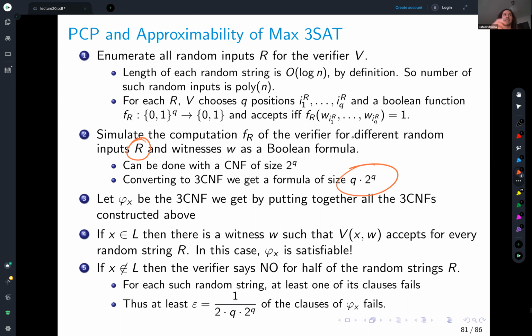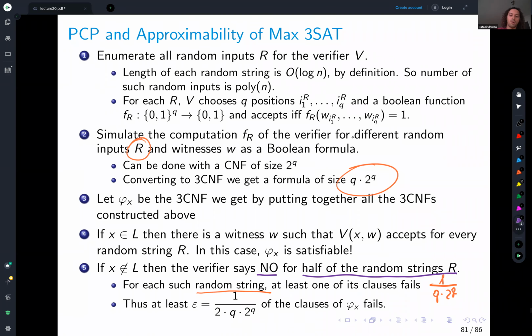Right? And why is that? Because for each random string, at least one of its clauses fails. So for each random string, what is the fraction of the clauses that failed? It was 1 over Q times 2 to the Q. But we know that the verifier will say no for half of the random strings. So what is the total fraction?